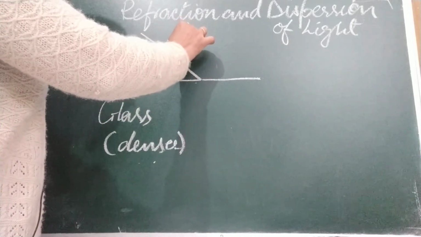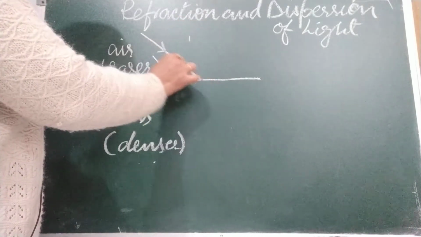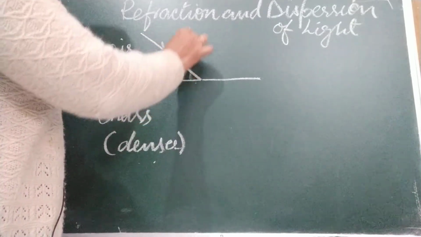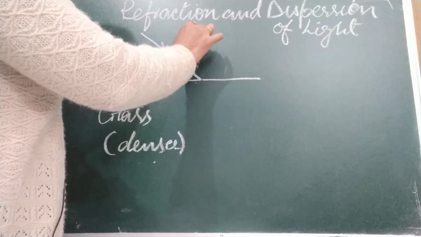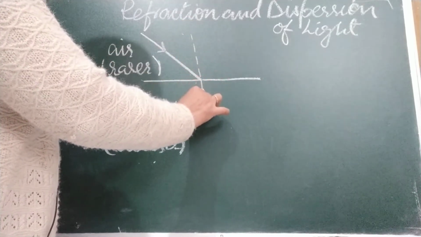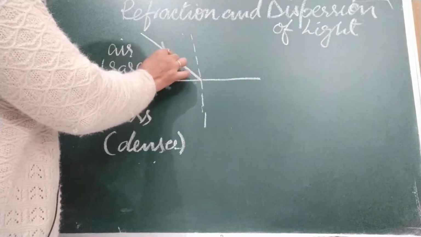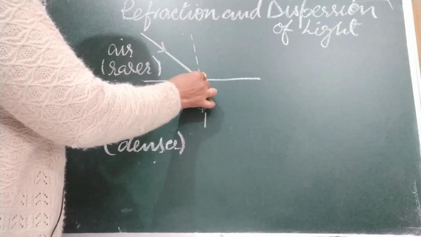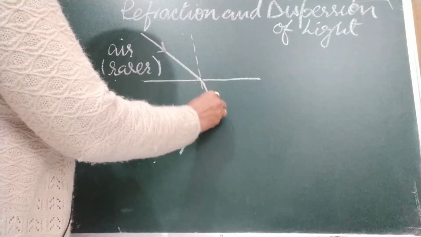And children, we draw the normal. Where the ray falls, this ray is called the incident ray, and at that point we draw the normal. Okay? And when this ray passes from the rarer medium to the denser, it bends towards the normal.